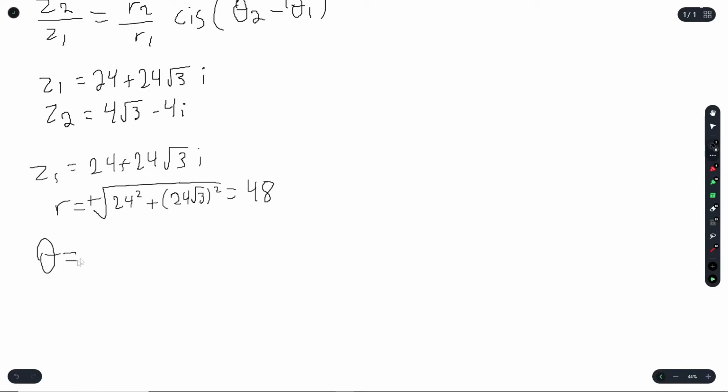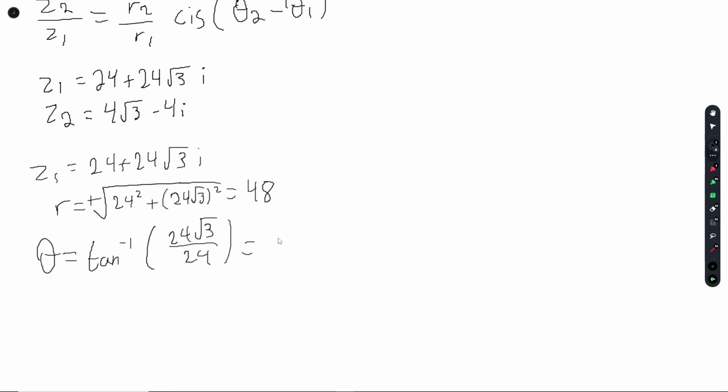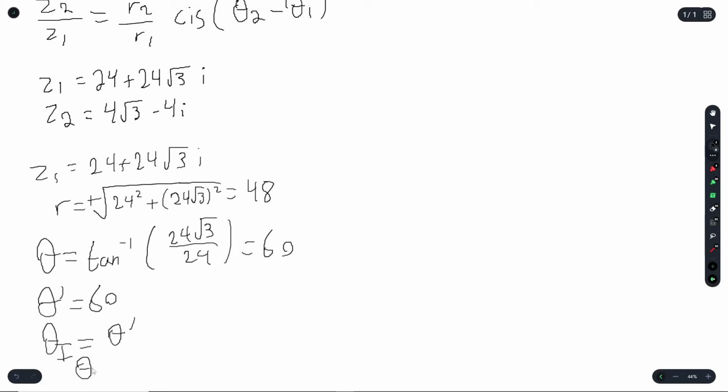So theta is equal to tan inverse of 24 radical 3 over 24, which gives us 60. Then we find the theta prime, which will also give us 60, and then theta in quadrant 1 is equal to theta prime. So theta in quadrant 1 is equal to 60. So this one is 48 cis 60.